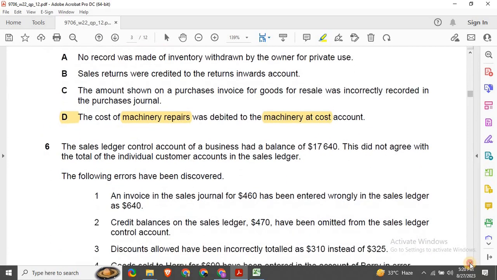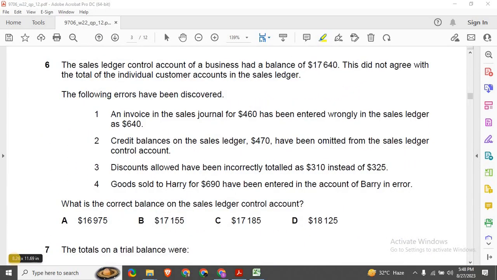Let's move on to the next question. Question number 6. A sales ledger control account of a business had a balance of 17,640. This did not agree with the total of the individual customer accounts in the sales ledger. The following errors had been discovered. An invoice in the sales journal for 460 has been entered wrongly in the sales ledger as 640.